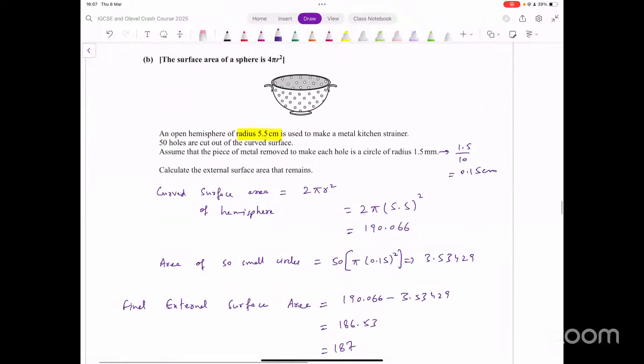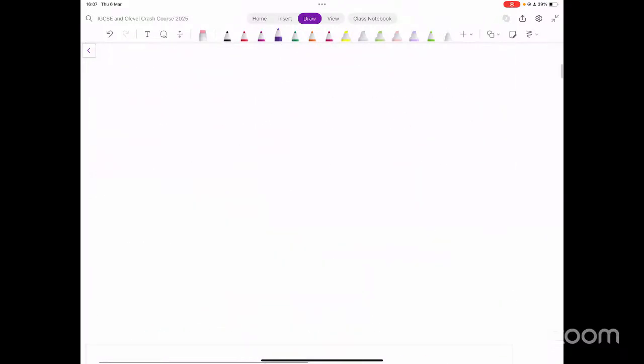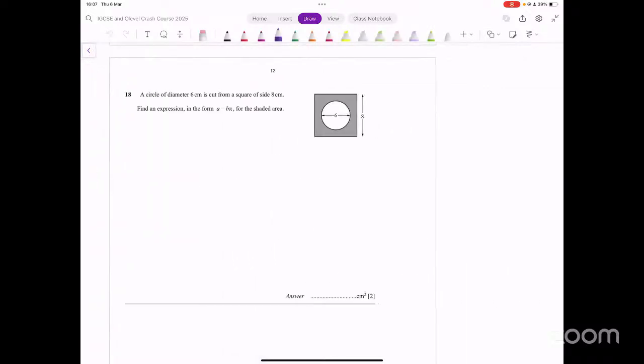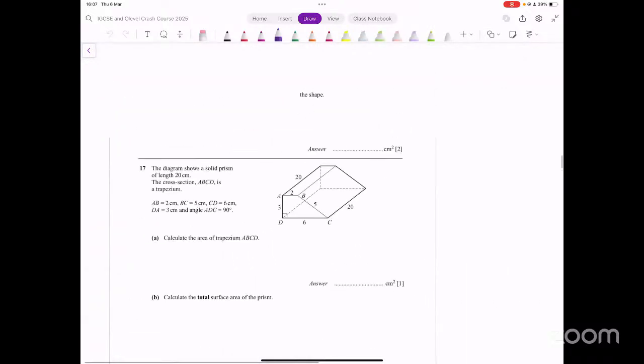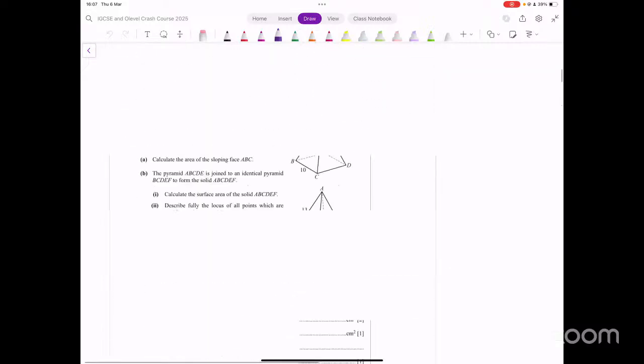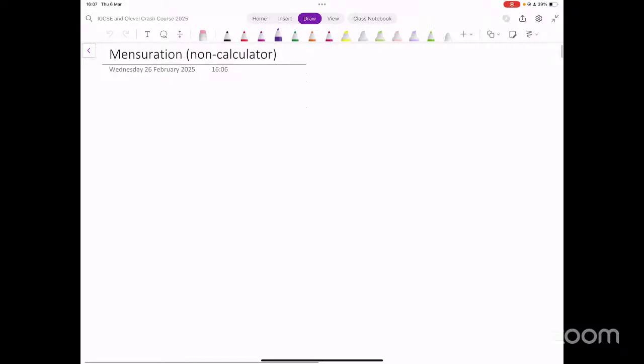All right. Let me see if I can find us one more small question, and then we end for today. Yeah, so let's do one where we don't use a calculator. So from the non-calculator paper, let's do one or two from here quickly.